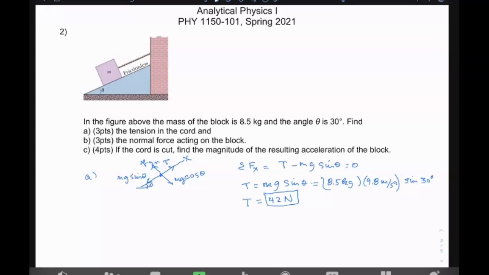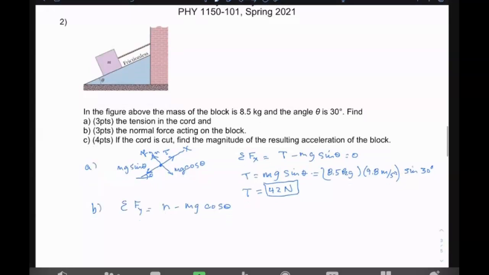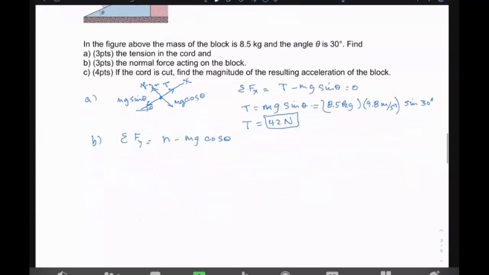In part B, we now apply Newton's second law in the y direction to find the normal force. The sum of the forces in the y direction is equal to plus N minus mg cosine theta and that's equal to 0.